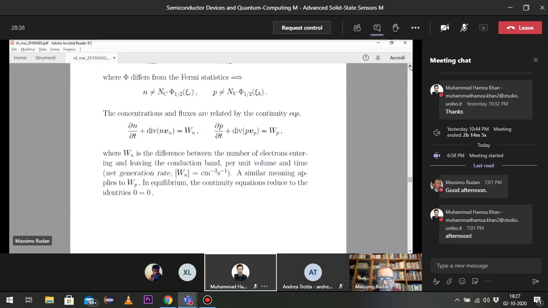Then there are other types of transition. For instance, an electron may exchange energy with another electron, or with an impurity, or with a photon that impinges on the semiconductor, and so on.